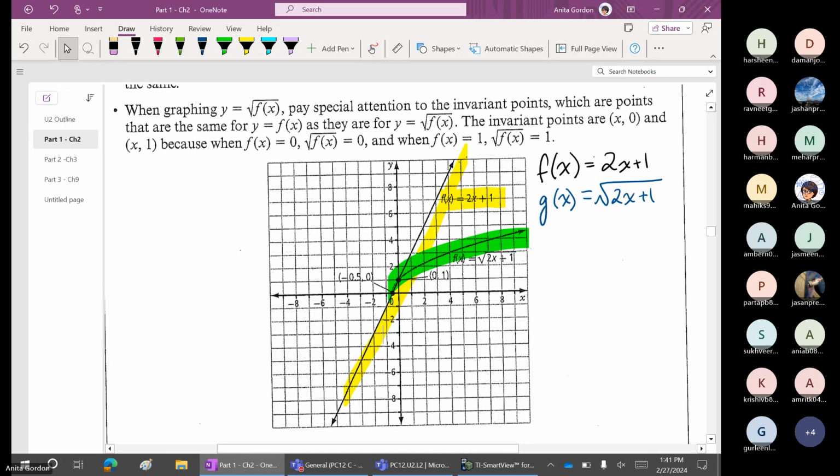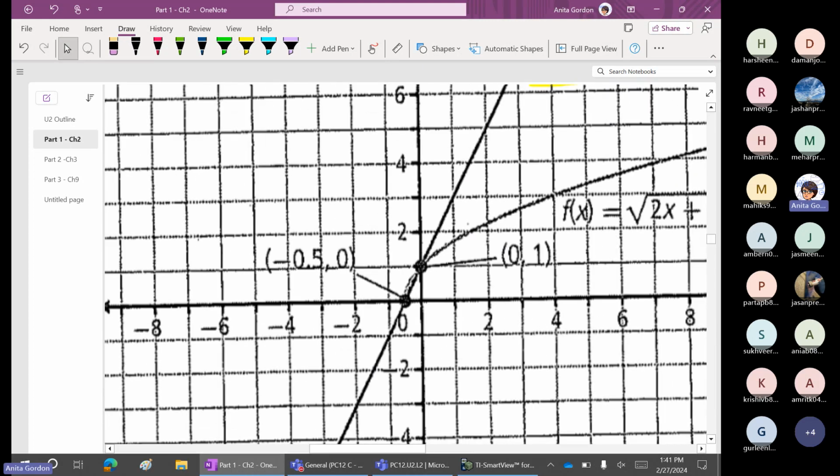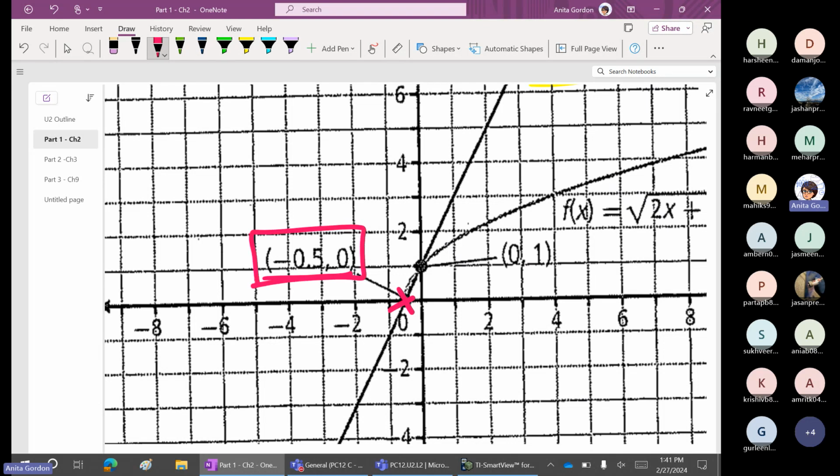Okay, there are some key points that I want you to focus in on. We're going to zoom in to these 2 points. Notice that there's an intersection where we have the point negative 0.5, 0. What kind of a point is this?